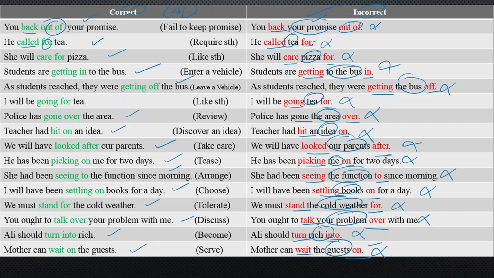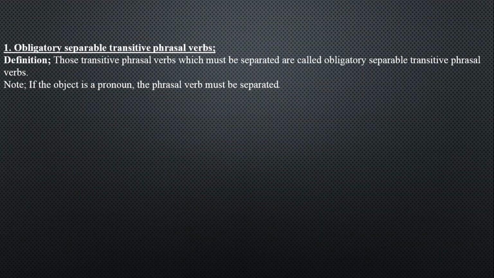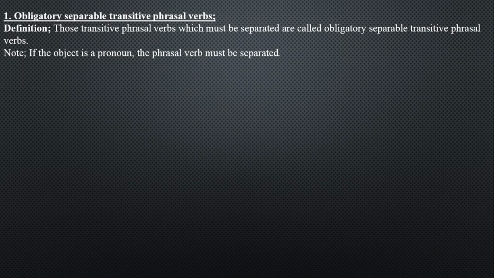After that, we have the further kinds of separable transitive phrasal verbs. The first kind is the obligatory transitive phrasal verb. Where the word obligatory comes, it means must be separated, 100% must be separated.